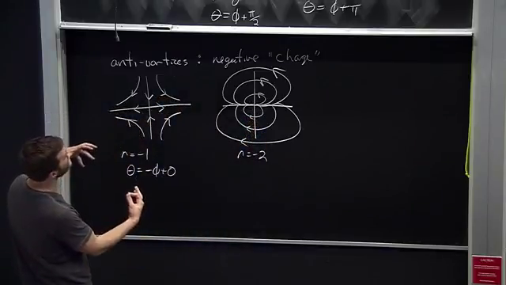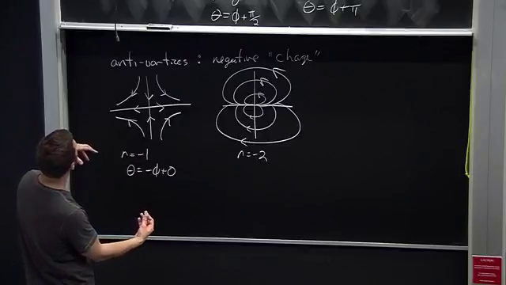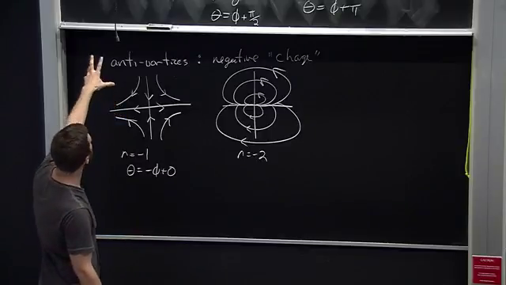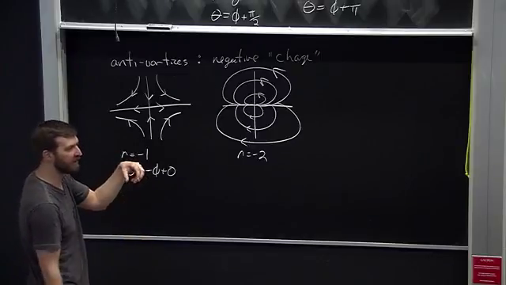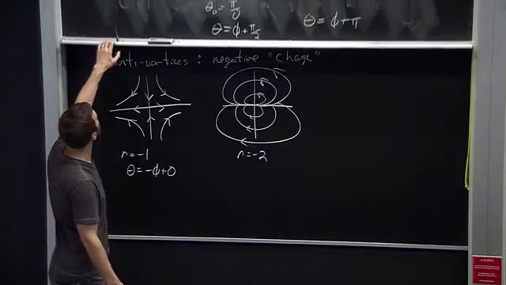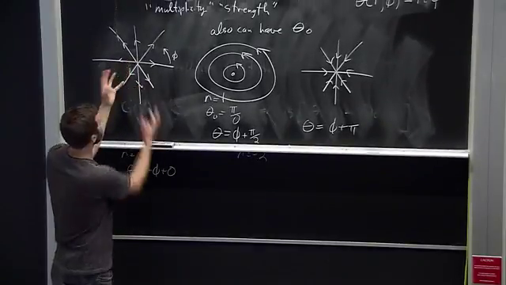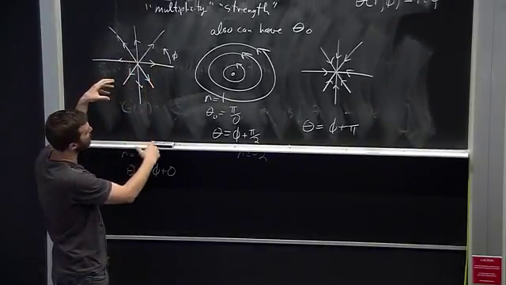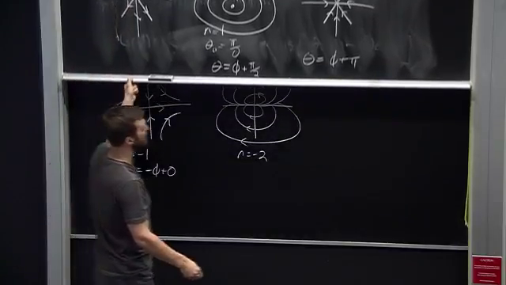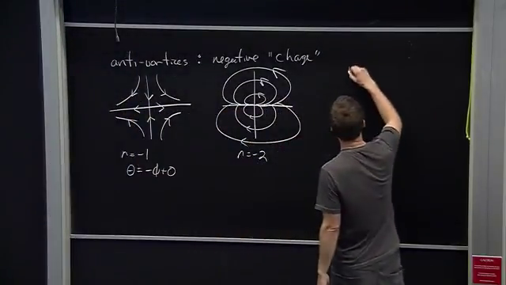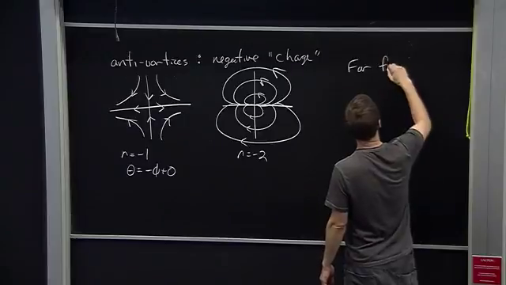I'm going to combine these vortices and anti-vortices together. Actually, you can see that you can't create a vortex without a singularity. You can't deform the far field of a vortex without leaving a defect.